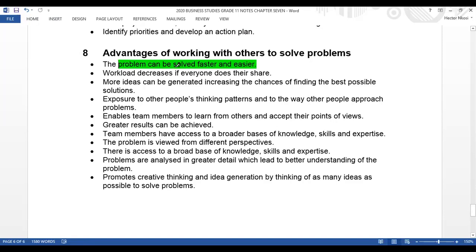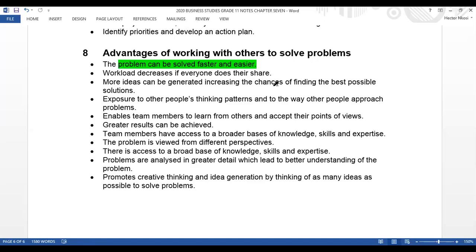The workload decreases if everyone does their share. Also, guys, I've just made an example now that sometimes at school as teachers, we do give you assignments, maybe with a group of 4 people or with a group of 6 people. The more you guys participate or the more you are in a group, the easier it is going to be for you.